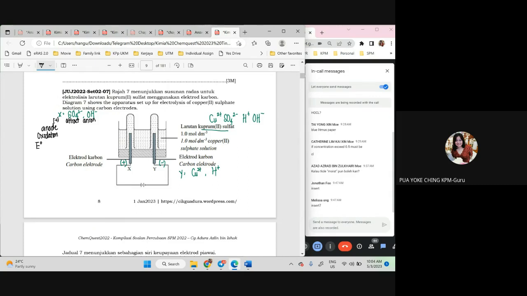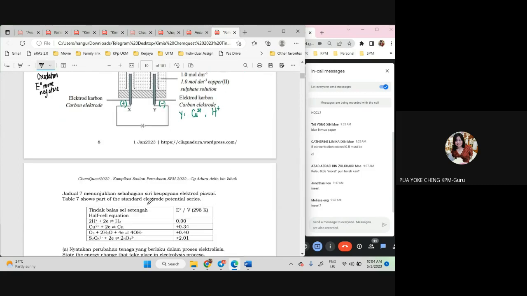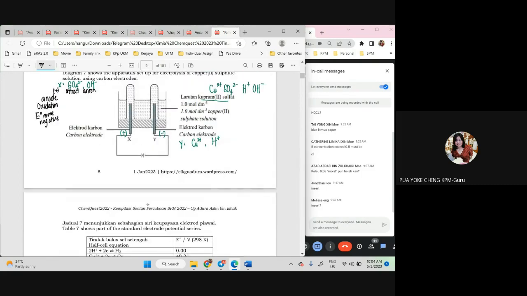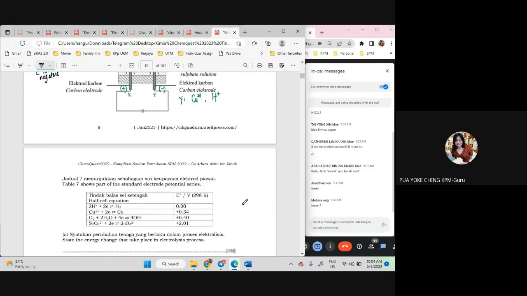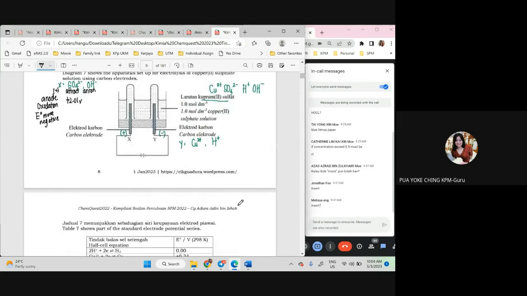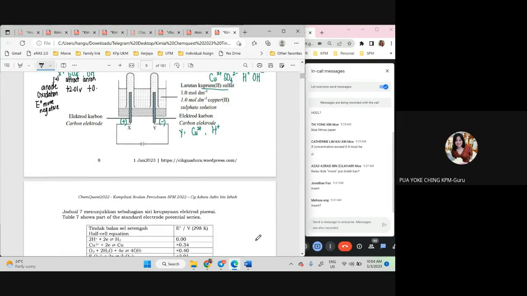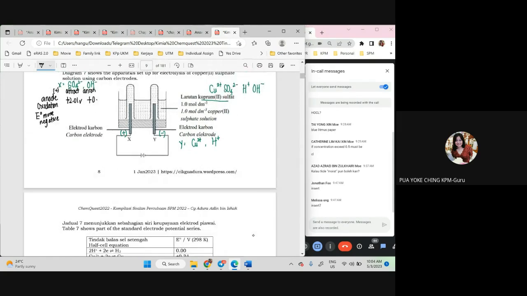Mesti pilih E0 more negative. So, cari E0 dia. SO4 2 minus ialah positif 2.01 volt. OH minus adalah positif 0.40 volt.